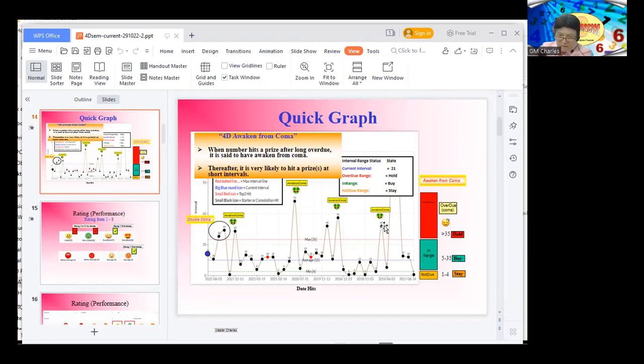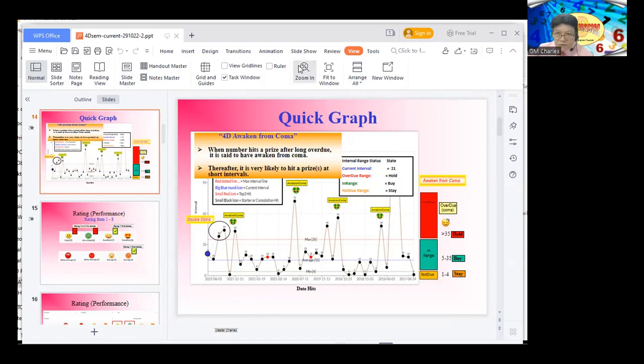In the earlier years, this 2018, it awakened from coma here, right? Then after that, I told you, once you awaken from coma, it should hit at low interval, right? Correct? So you see, it hit at interval 4. Then it hit again at interval 20, I think. Is it 20? I can't see clearly.